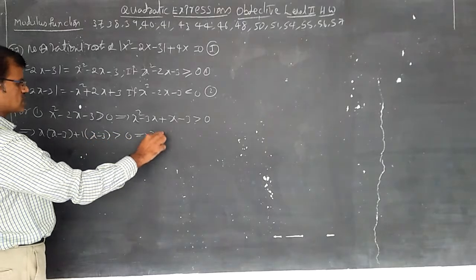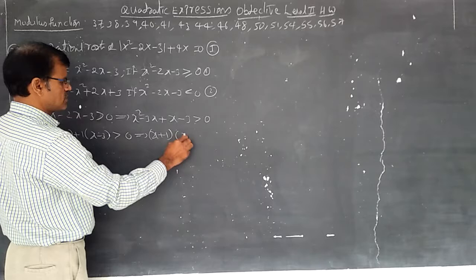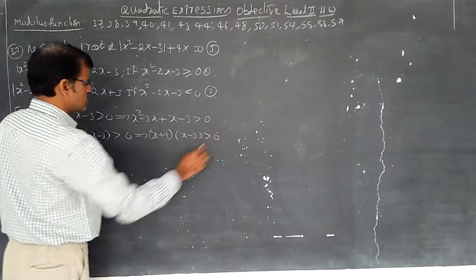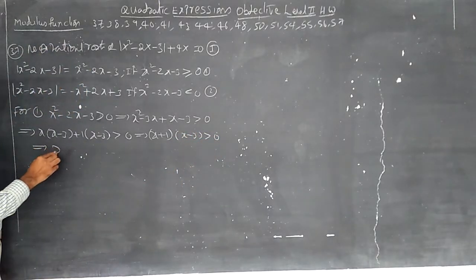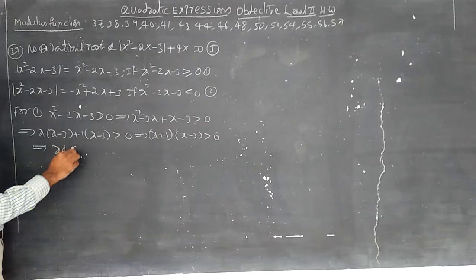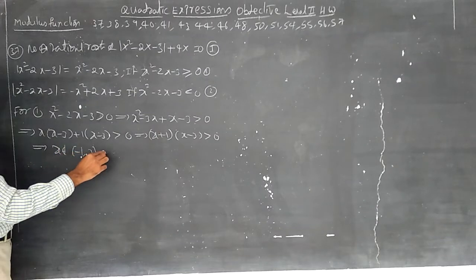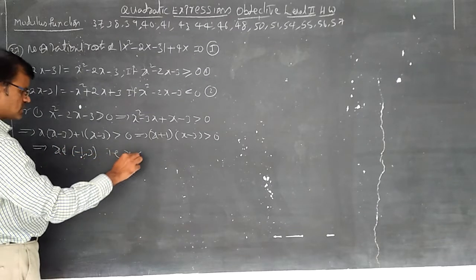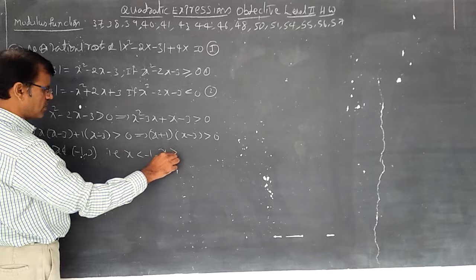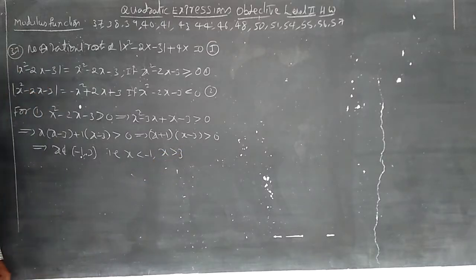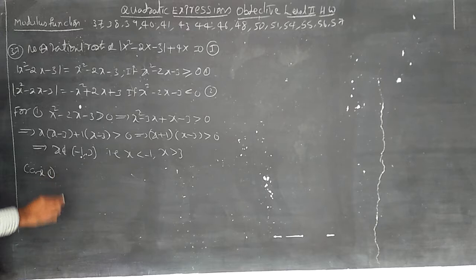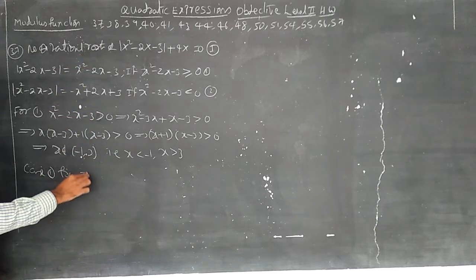That implies x plus 1 into x minus 3 greater than 0. So x does not belong to the closed interval minus 1 comma 3. That is x less than minus 1, x greater than 3. So write this as case 1, where the modulus is taken as positive.